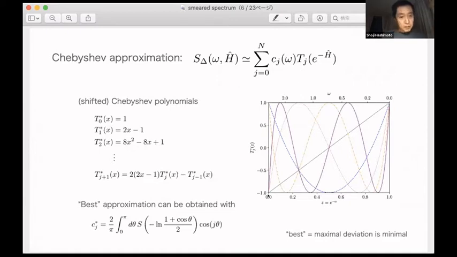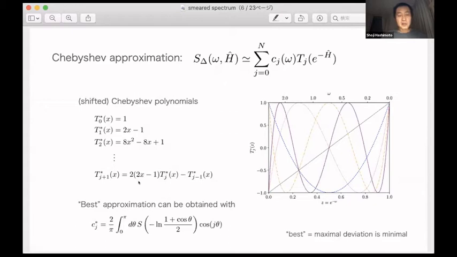You probably know what the Chebyshev polynomials are, and this is one example of them. The higher-order polynomials are constructed using the recursive form. And this is a famous story of approximation theory: any function in a given range can be nicely approximated using the Chebyshev polynomials.